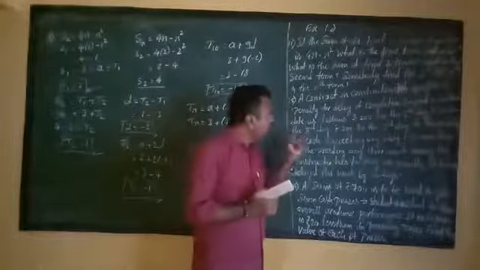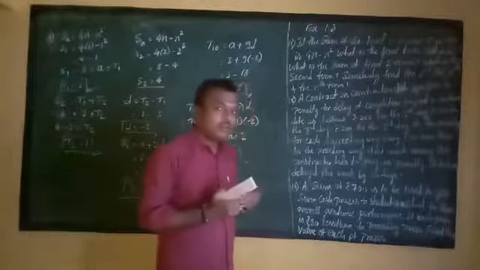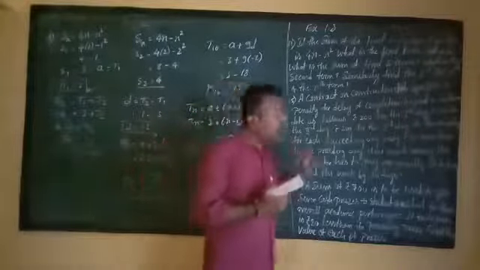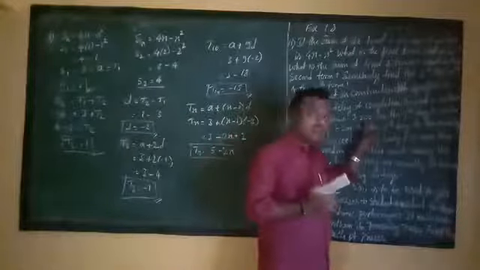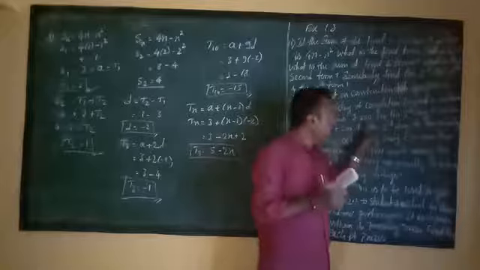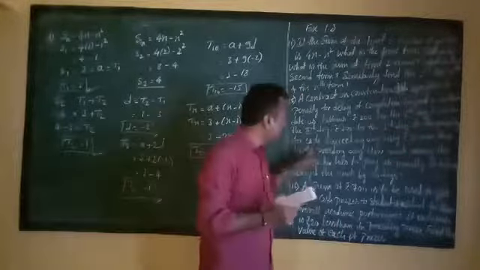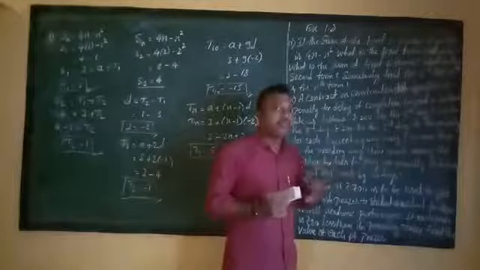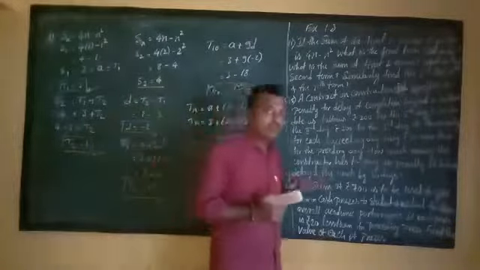For the delay in the work, if he delays the first day, he has to pay a penalty of rupees 200. If he delays the second day, he has to pay 250 rupees. Like that, 300 rupees, 350 rupees per day, 50 rupees more each day.